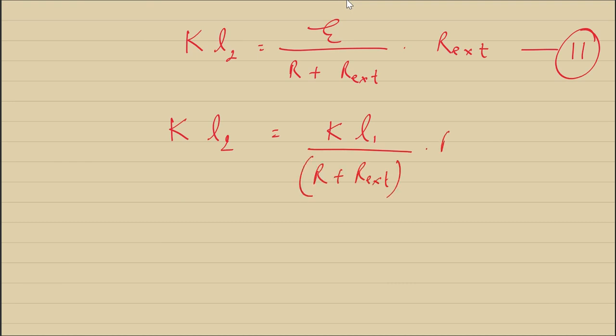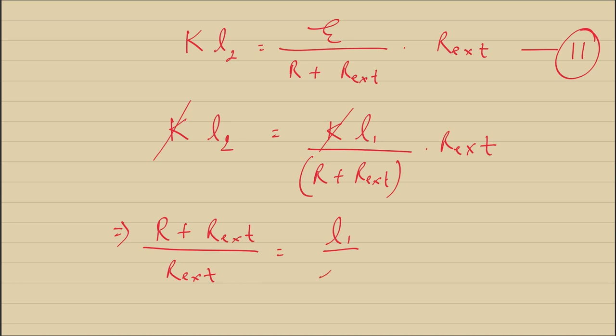K and K get cancelled out. From here we can simplify to find the value of R, because R is our internal resistance in this case. On simplifying, we can write R plus R external, whole upon R external, equals L1 by L2.